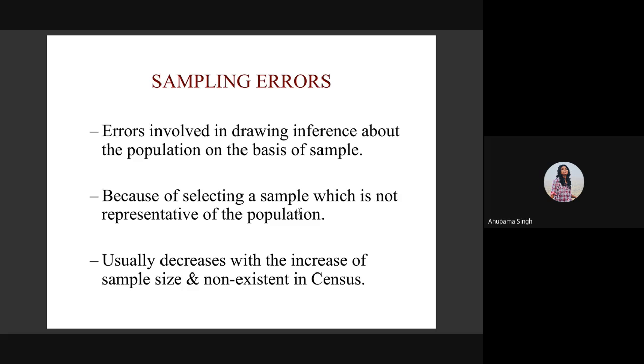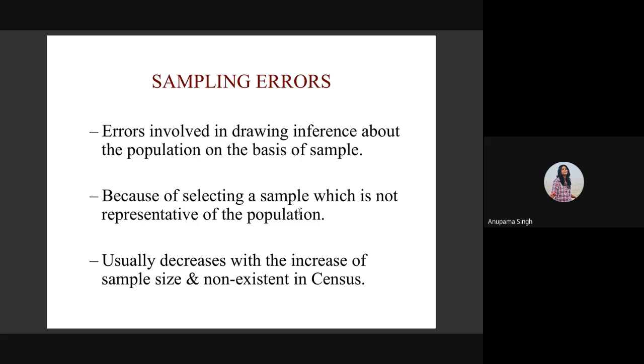It is the property of any phenomenon that when you take a larger number of observations, the variation in the whole set of observations decreases, right? In that way, sampling errors, various kinds of errors, decrease if you increase your sample size. Because you will have a variety of observations on your single variable, right?